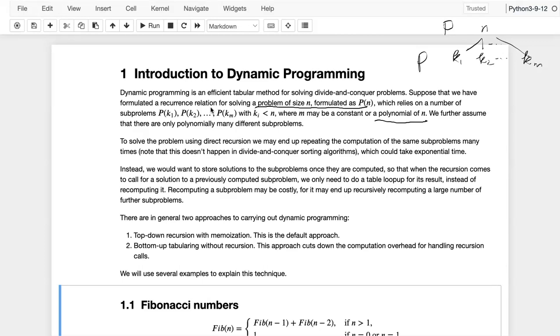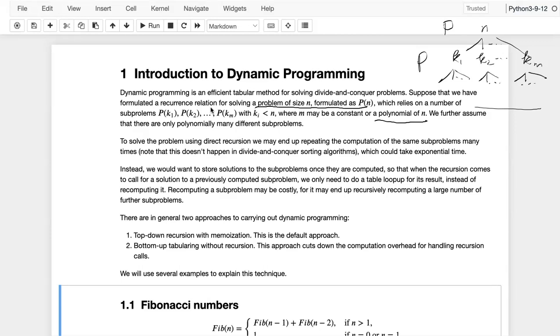Likewise, in order to solve the subproblem with size K1, we may need to further solve subproblems with smaller size of inputs until at the end, when you reach the boundary, that the problem size becomes 1 or becomes some constant that you can solve right away, then you stop.